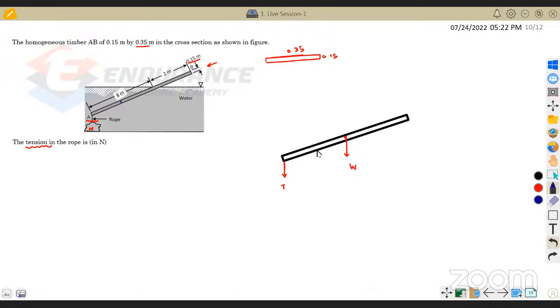So we will take it somewhere here. That is our buoyancy force. This is the free surface. So these are the three different forces which we have.